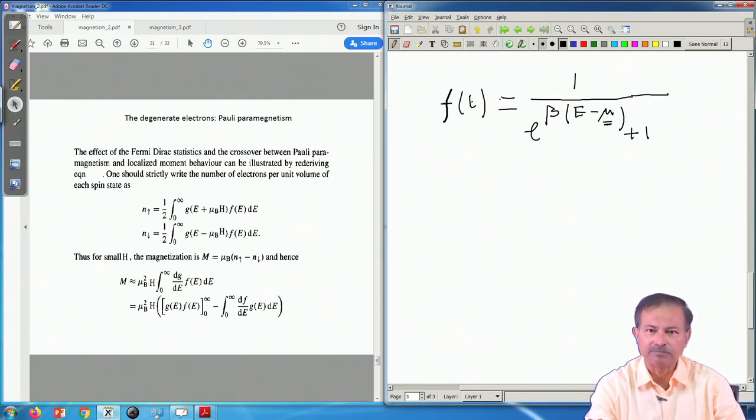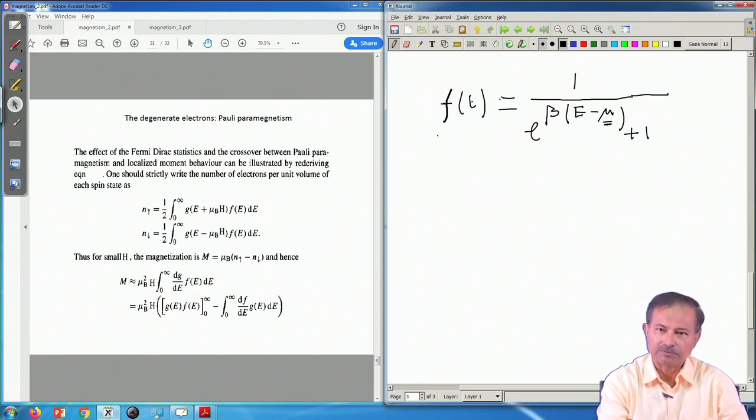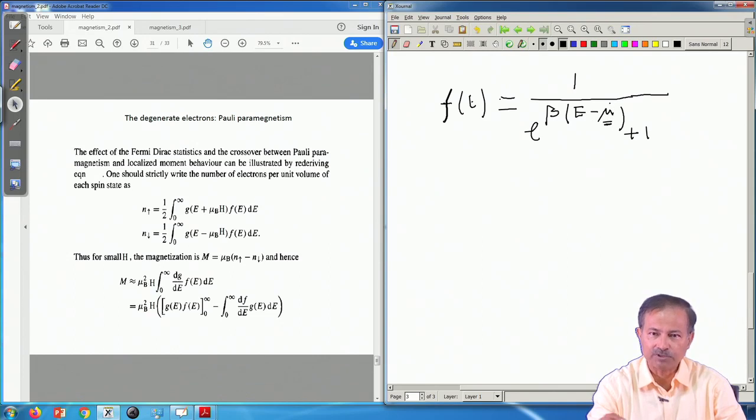In that case μ may have also changed, so we have to argue that μ has not changed, at least to first order in μB H, when the field is present.